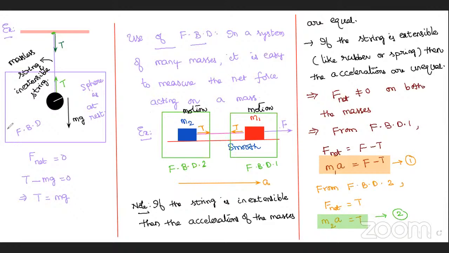Go to the last mass, the nth mass. Then the mass of the nth one into acceleration is the tension in that connected string. Now you understood?